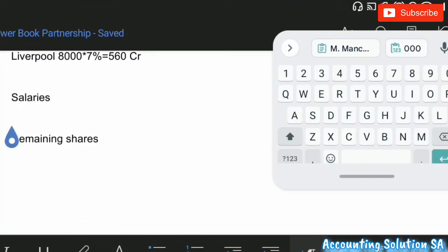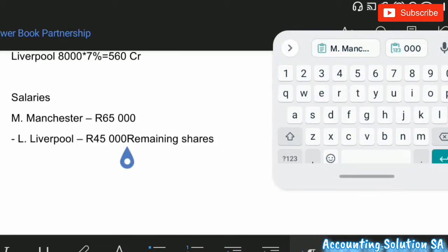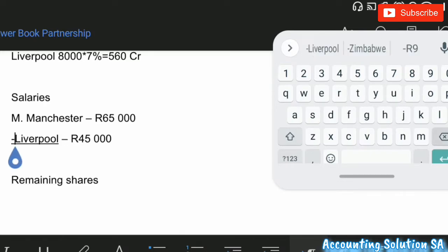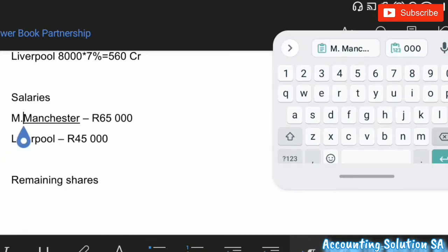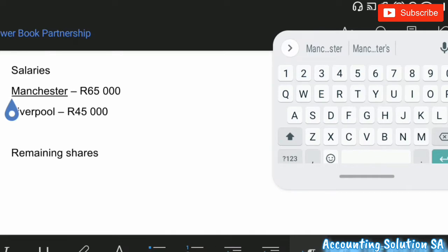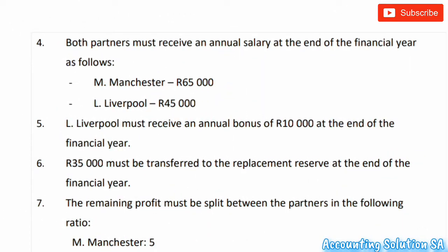Very simple. Then we show that Liverpool is going to earn 45,000 and Manchester is going to earn a salary of 65,000. Okay, then let's proceed to the next one.